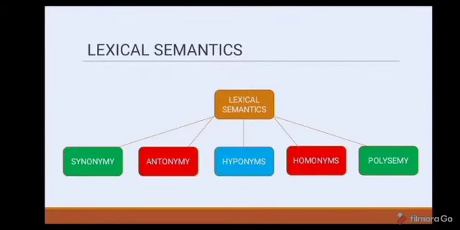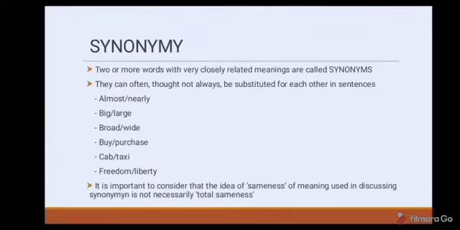Lexical semantics consists of synonym, antonym, hyponym, homonym, and polysemy. The first is synonym. Two or more words with very closely related meanings are called synonyms.